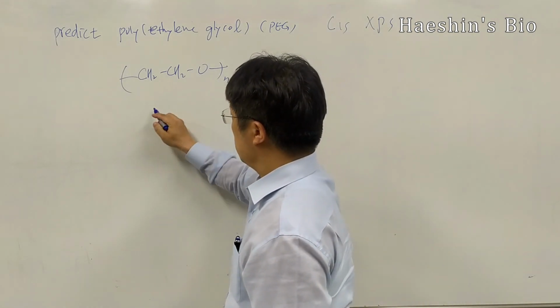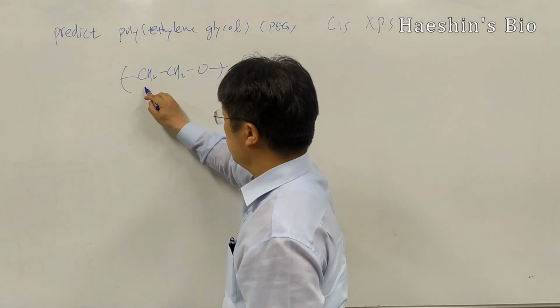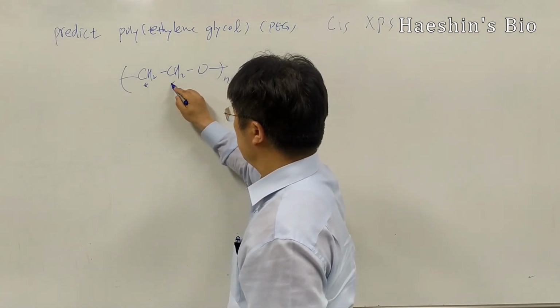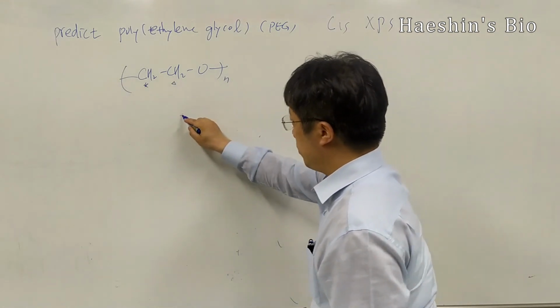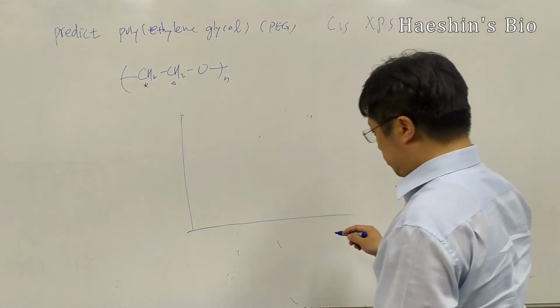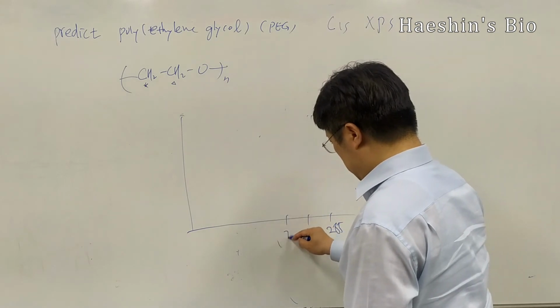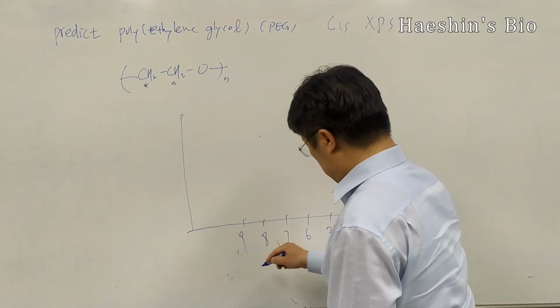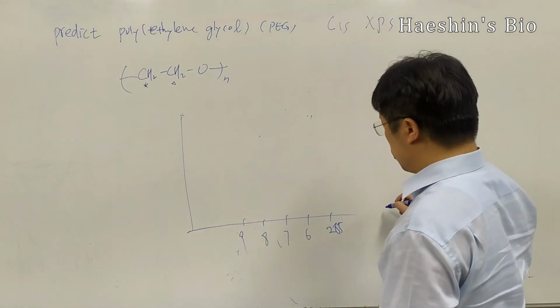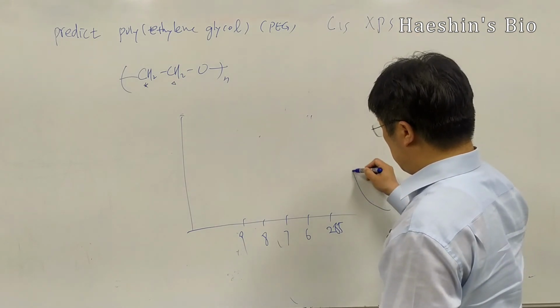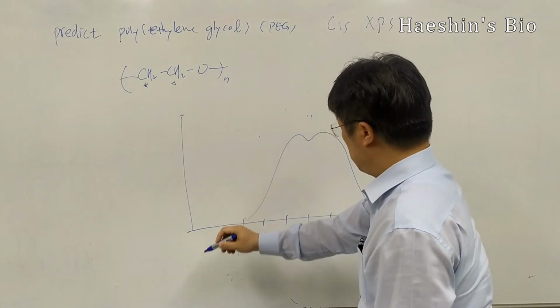So CC is type 1, CO is type 2. So maybe you can expect it like this, 1 to 1, like this.